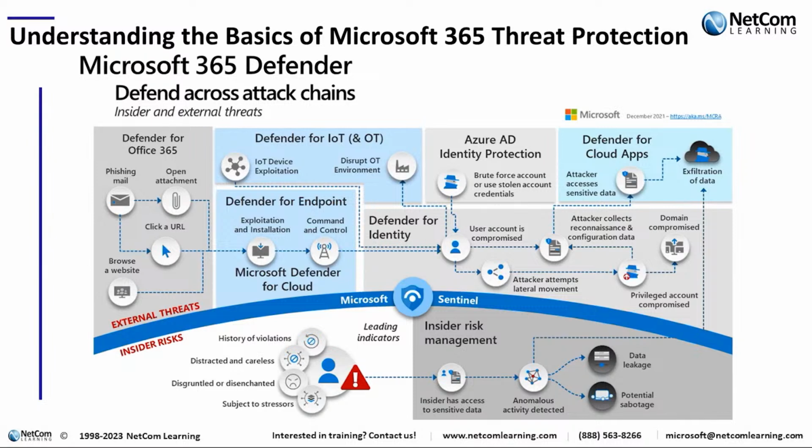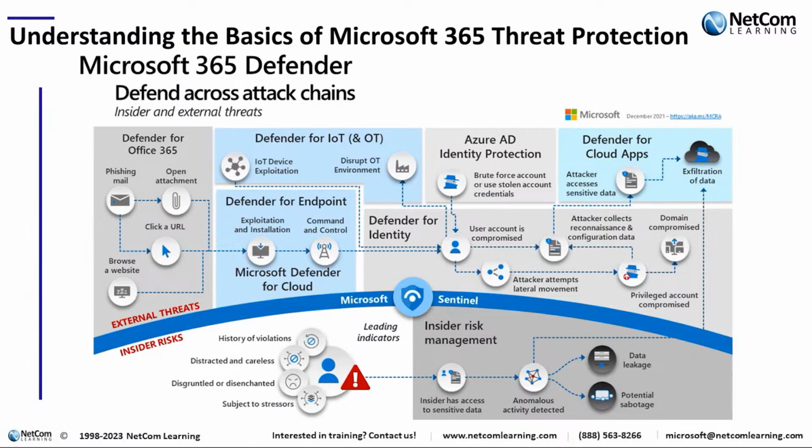So those are some of the leading indicators, and those are geared towards insider risks. You want to make sure that you mitigate against those types of risks, so that an insider that has access to sensitive data is protected, and third-party applications or third-party actors can't get into the system.